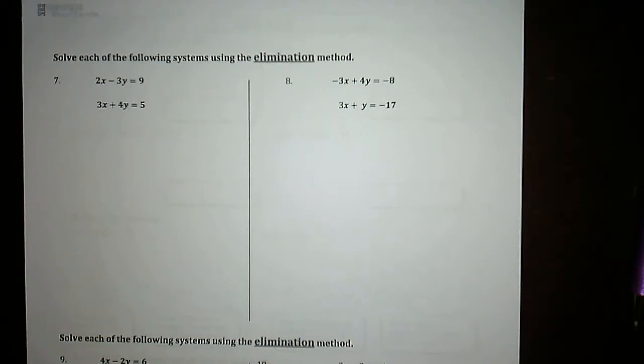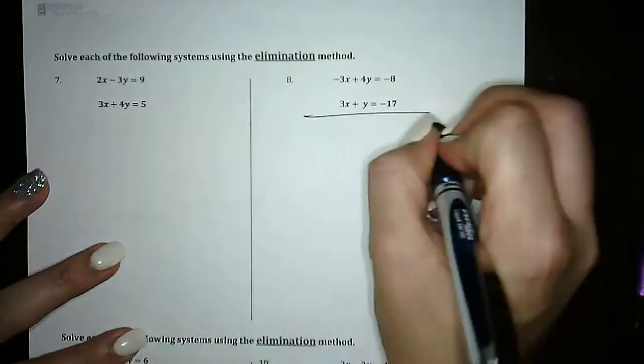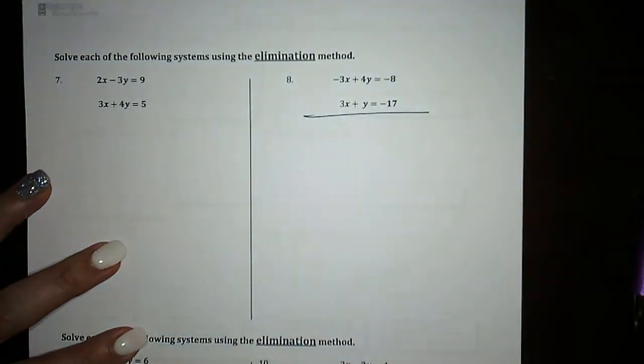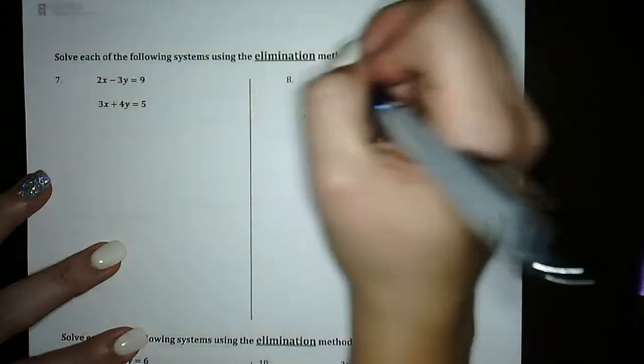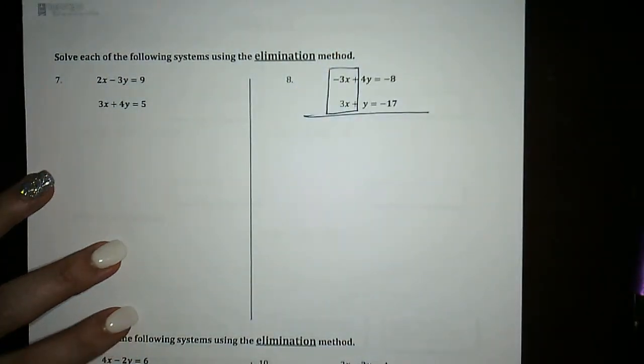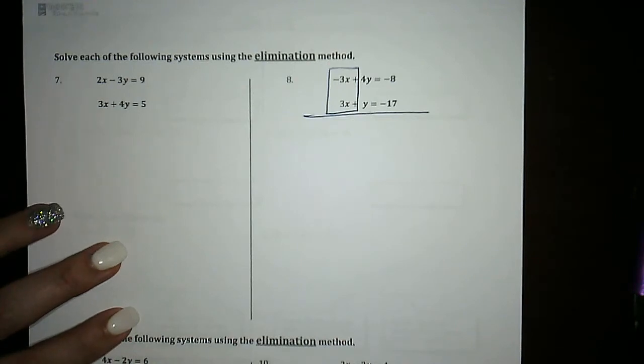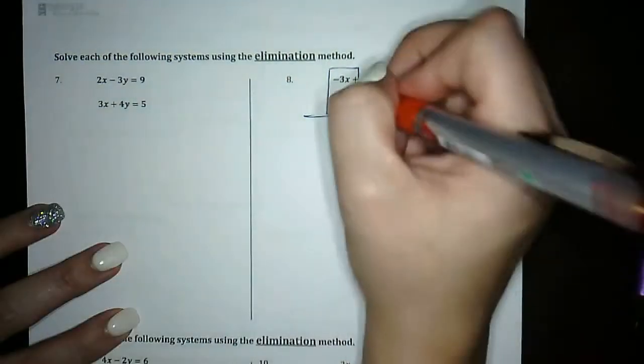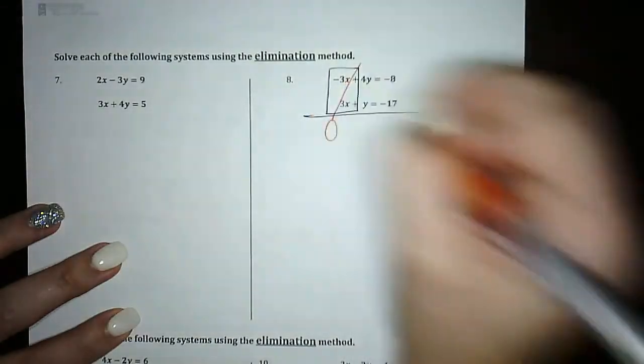And in number 8, there's nothing to do. Here's why. If I were to add straight down these equations, what happens to the negative 3x and the positive 3x? Negative 3x and positive 3x become 0.